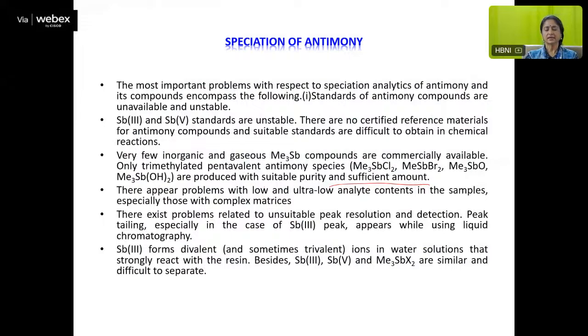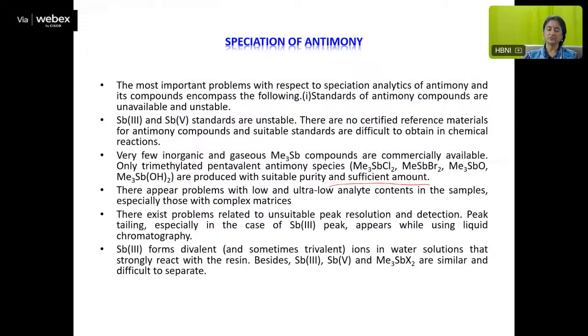Now there are problems with low and ultra-low analyte content in the sample, especially those with complex matrices. There are also problems related to unsuitable peak resolution and detection. Peak tailing, especially for antimony 3 peaks, appears when using liquid chromatography. Antimony 3 forms divalent and sometimes trivalent ions in water solution, which strongly react with the resin.